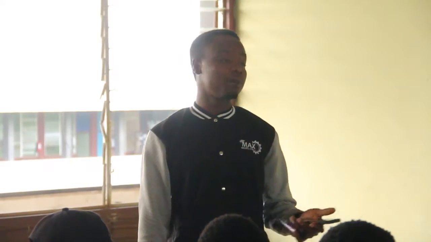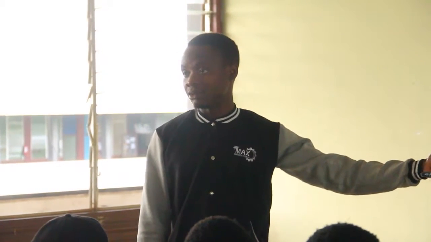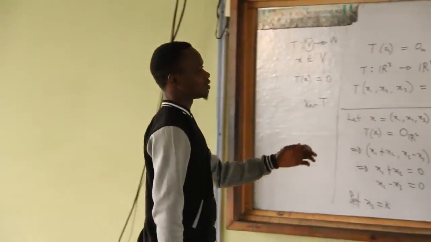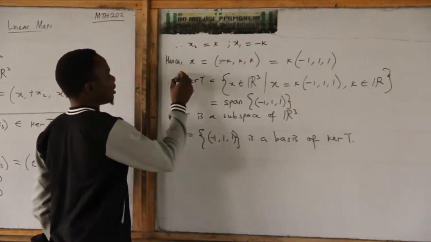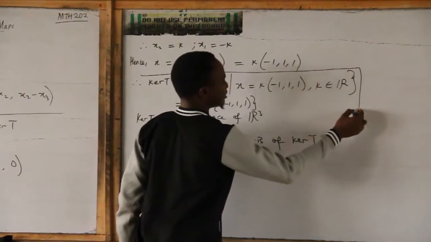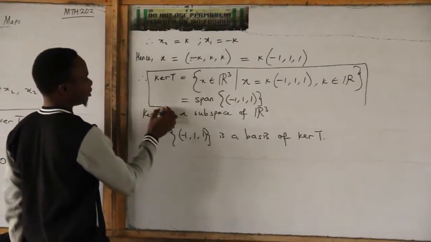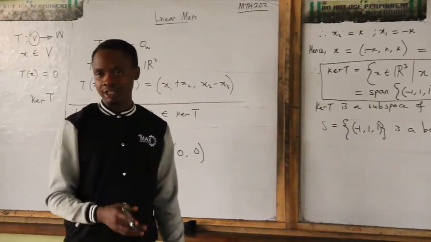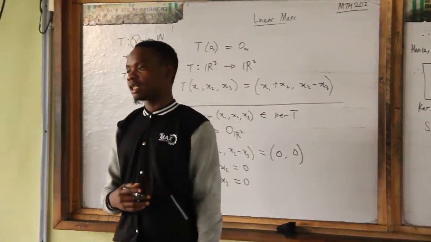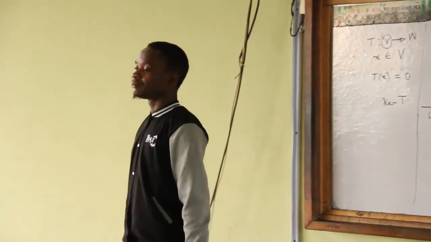Is this clear? We're going to do exactly what we just did, just that we are extracting different information from it. What we just did was to define the Ker T. So in this example, this is our final answer, because we just want to find the kernel of the vector space, and that is the definition of the kernel.